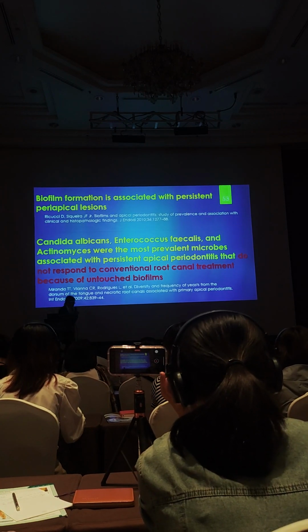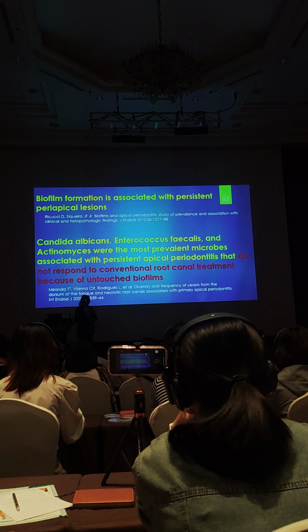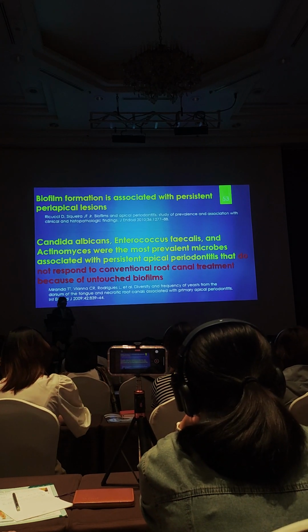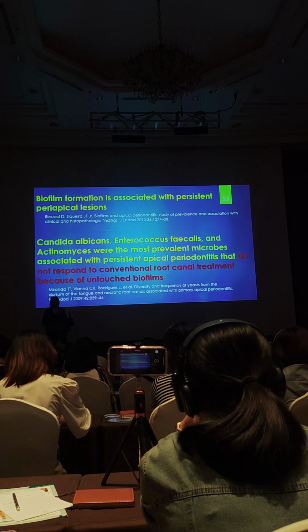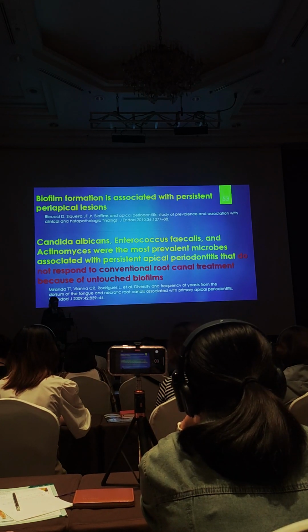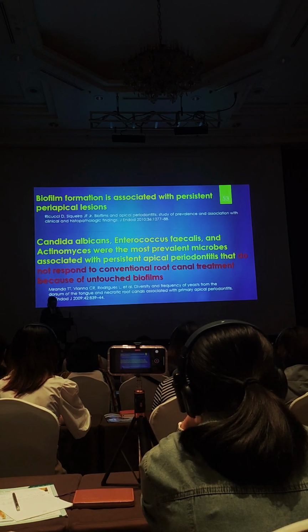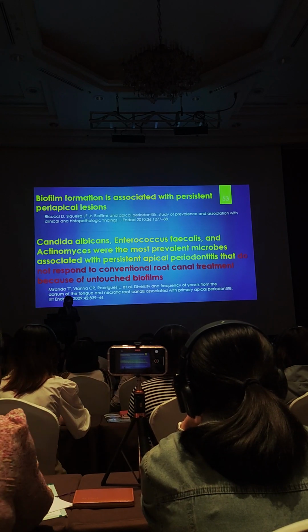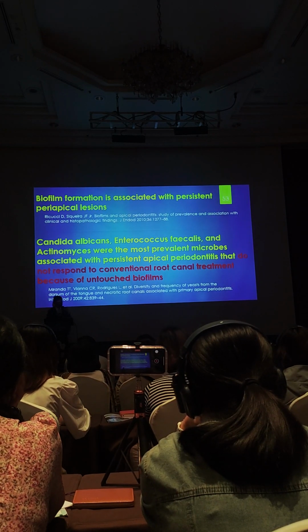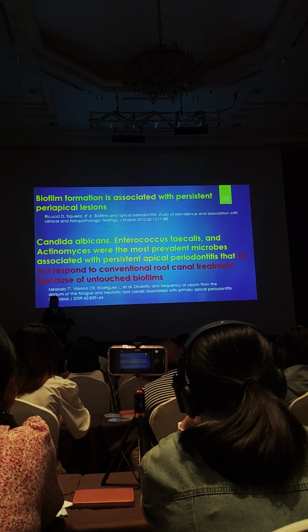So you need a treatment plan based on the finding, as I keep telling you this. And Candida albicans, Enterococcus faecalis, and Actinomyces were the most prevalent microbes associated with persistent apical periodontitis that do not respond to conventional non-surgical retreatment because of the untouched biofilms surviving the retreatment or the initial treatment. You need the surgery in that case.